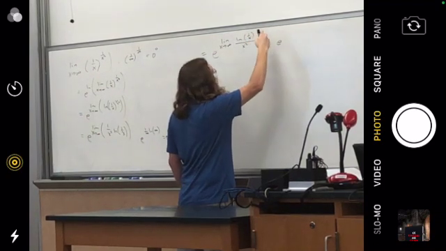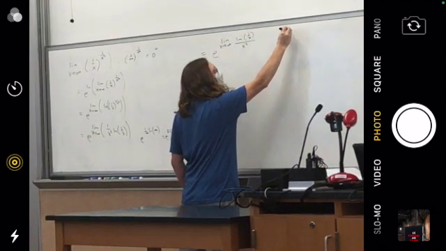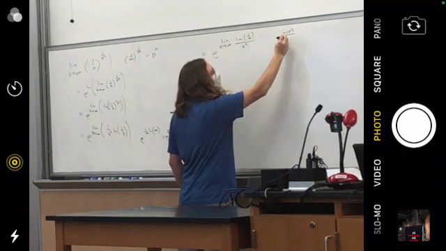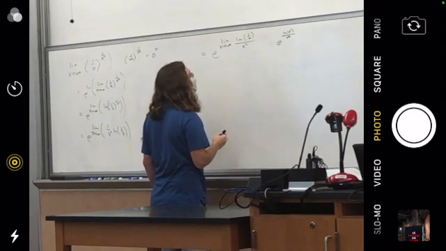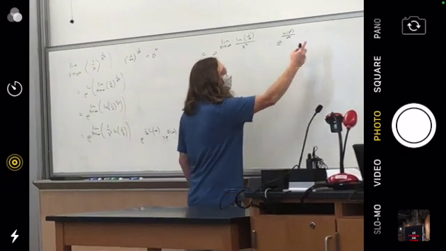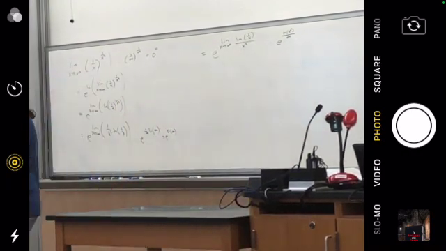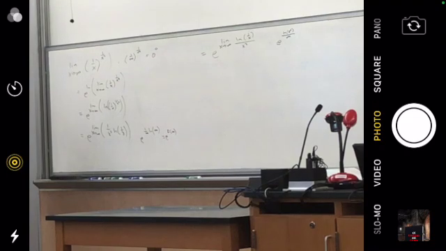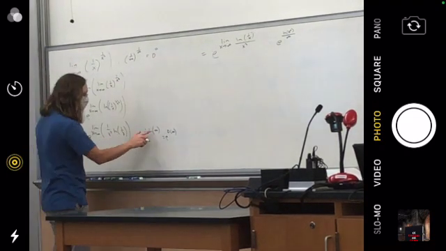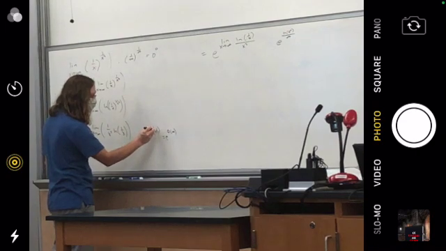So we said this is natural log of 0 plus over infinity. What's natural log of 0 plus? We're hitting every one of these. What is 0 plus here?